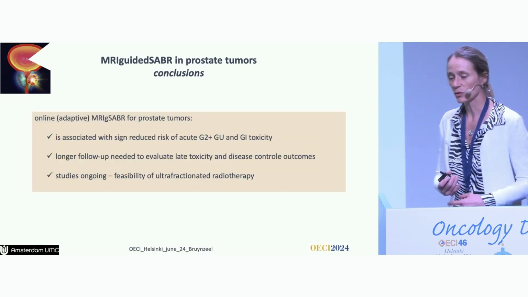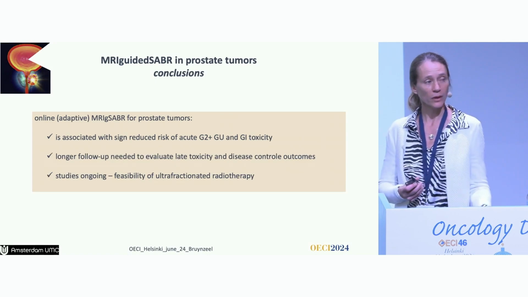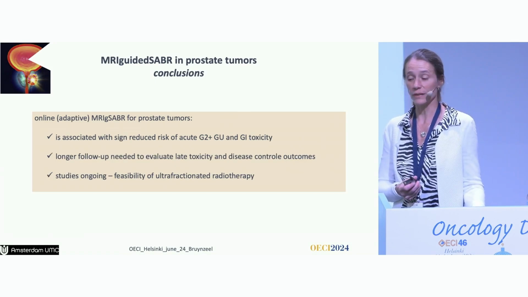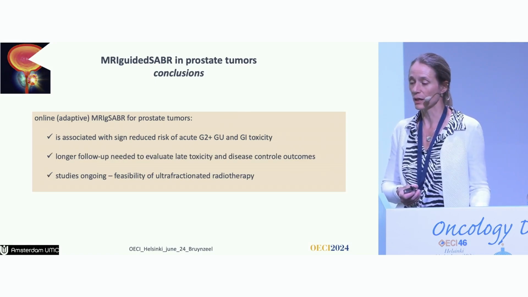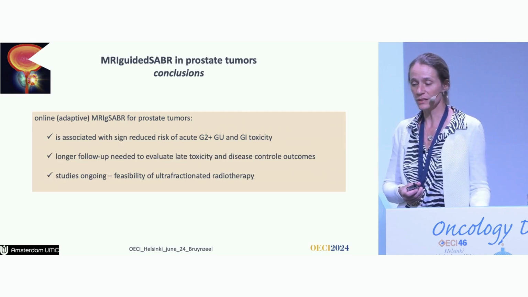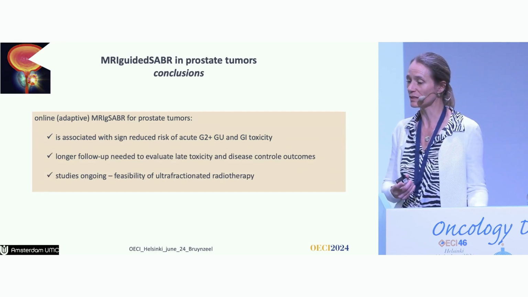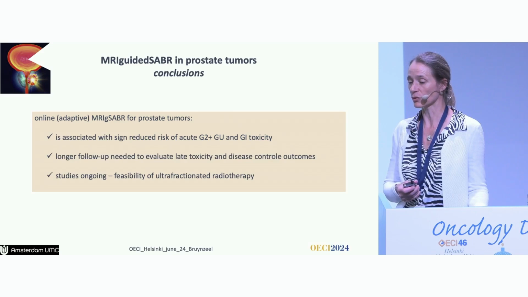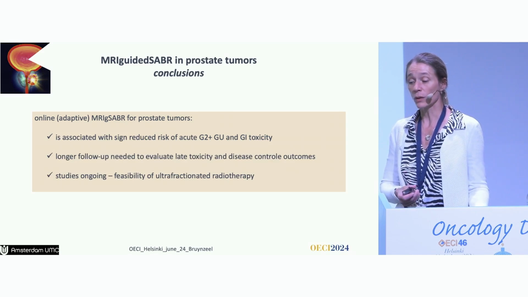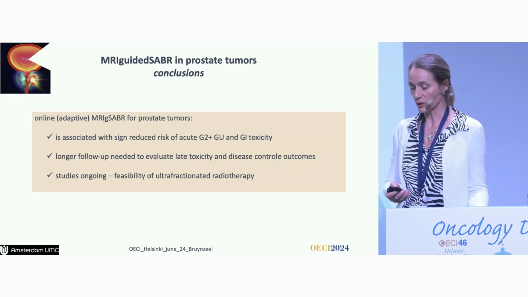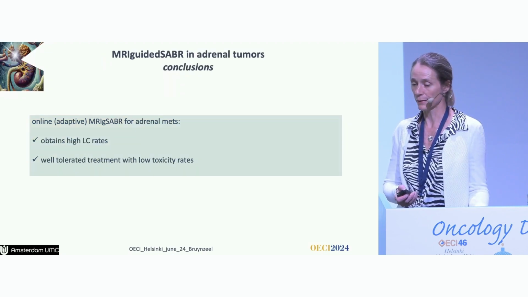For prostate tumors, online adaptive MR-guided radiotherapy is associated with a significantly reduced risk of acute grade 2 or higher GU and GI toxicity. However, a longer follow-up is needed to evaluate late toxicity and disease control outcomes.